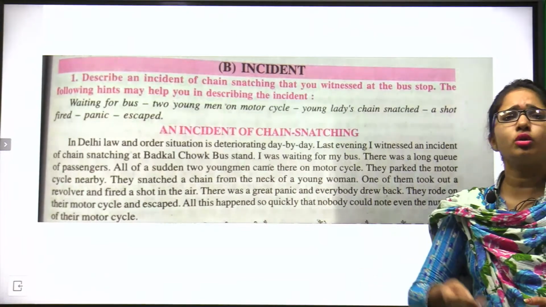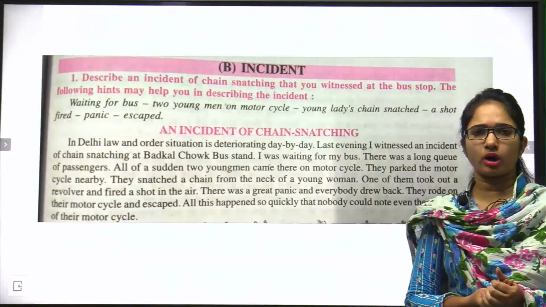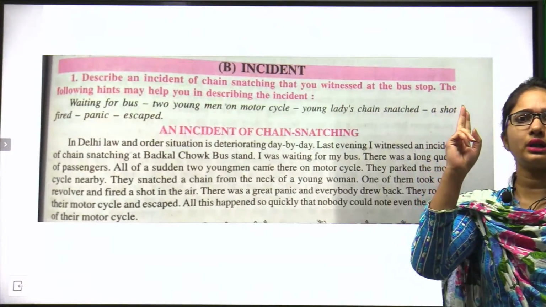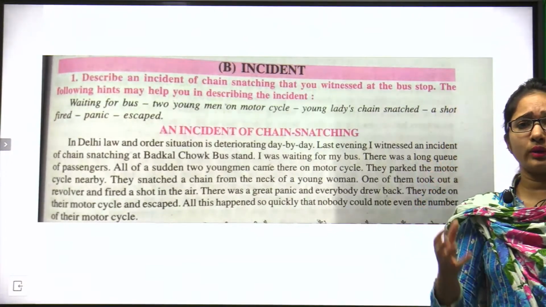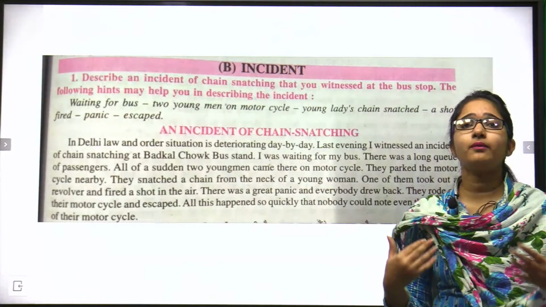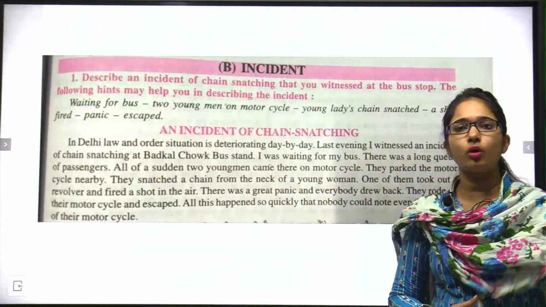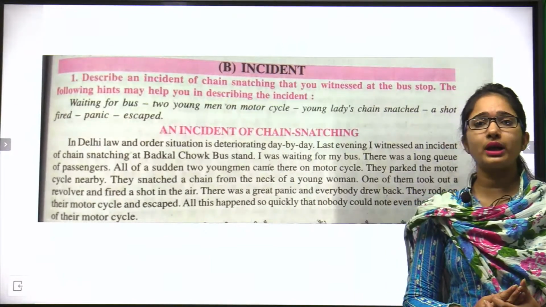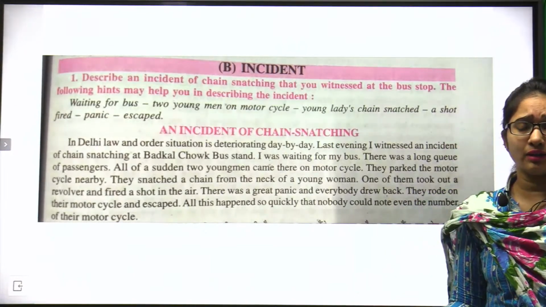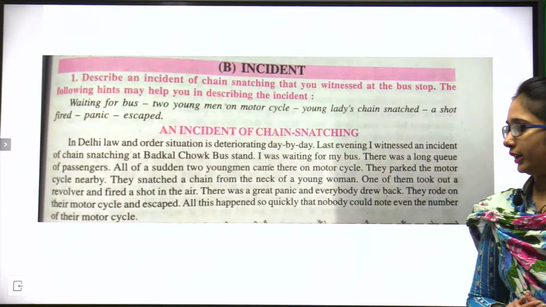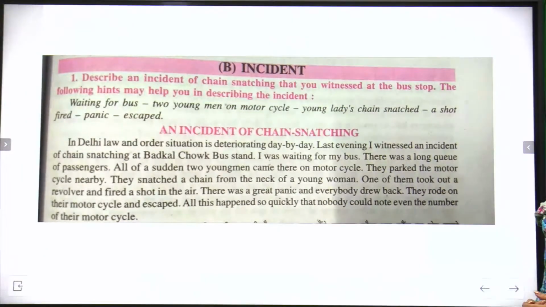The man took out a revolver from his pocket and fired a shot in the air. And when someone is firing, we become very afraid. All the passengers and the crowd who were there became very frightened. There was a great panic and everybody drew back.